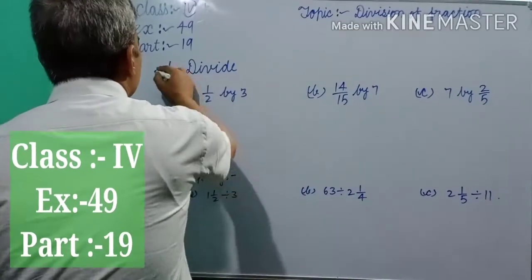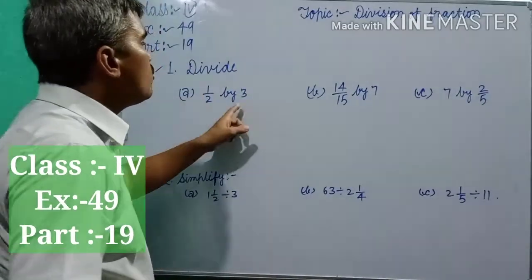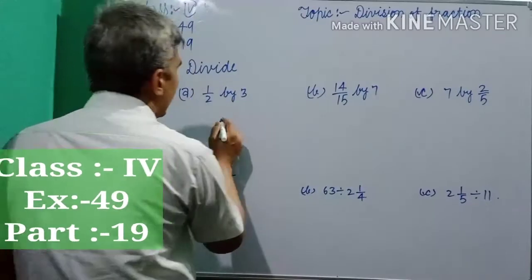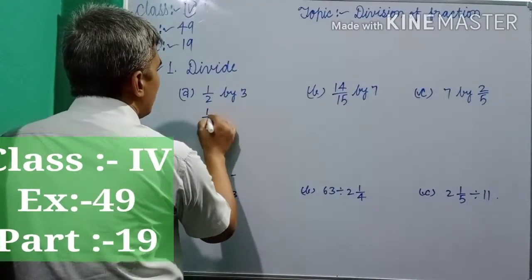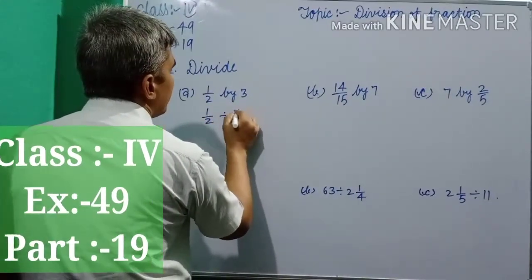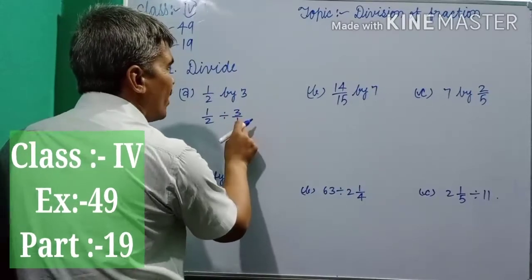Your first type of question: divide 1 by 2 by 3. So dear students, at first you write down 1 by 2 divided by 3 by 1. 1 is hidden.